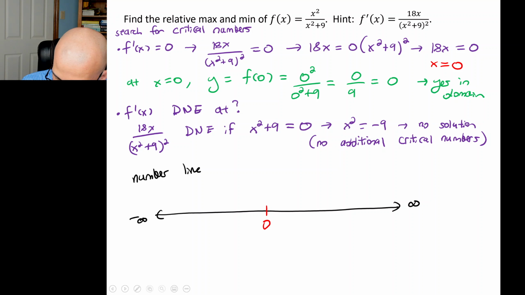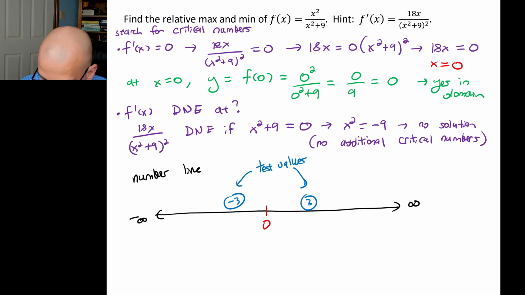Well, I'm just gonna go simple. I'm gonna pick negative 3, and I'm gonna pick positive 3, because if I pick those, it'll make my evaluation simpler. But you can pick anything.